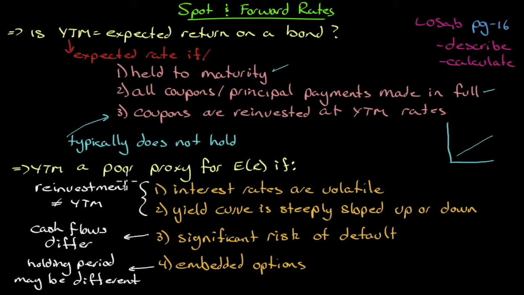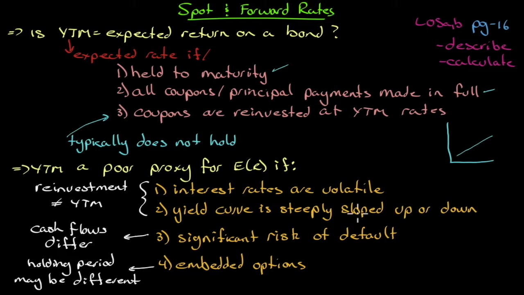Yield to maturity is a poor proxy for the expected return on a bond if interest rates are volatile, because this will change shape, and if this changes shape, guess what? The weighted average rate of return, the weighted average yield changes, and wherever you thought your reinvestment rate was going to be will change as well.